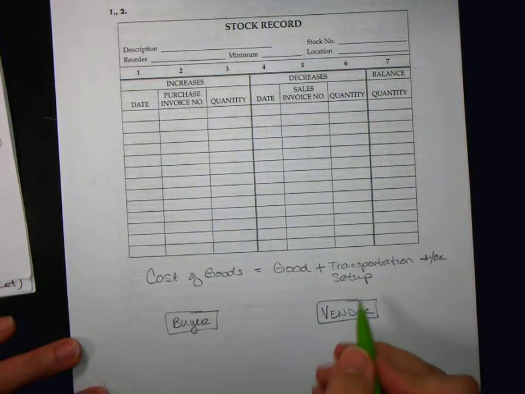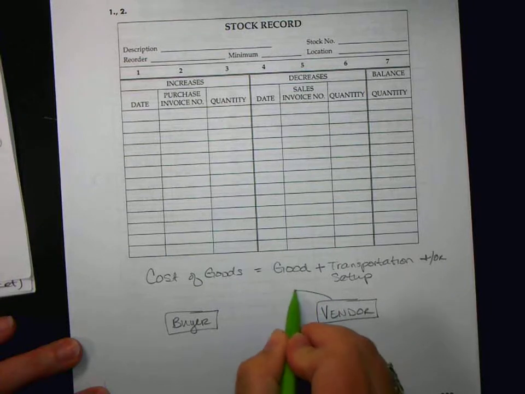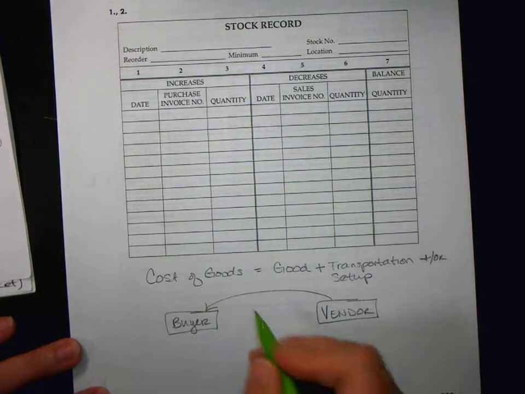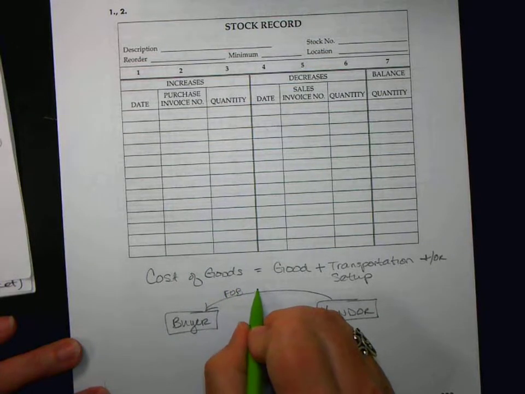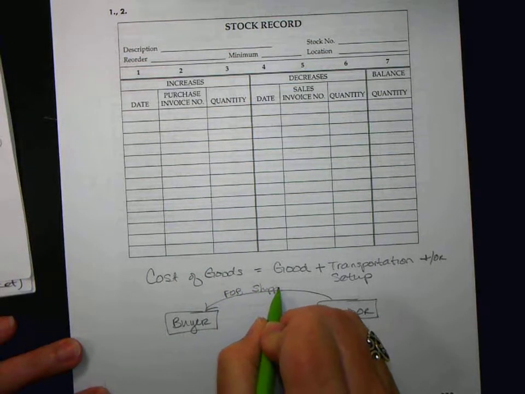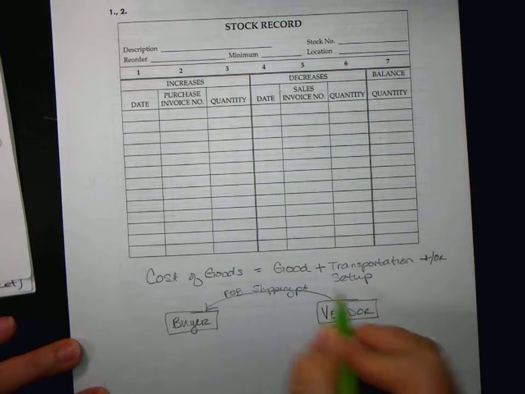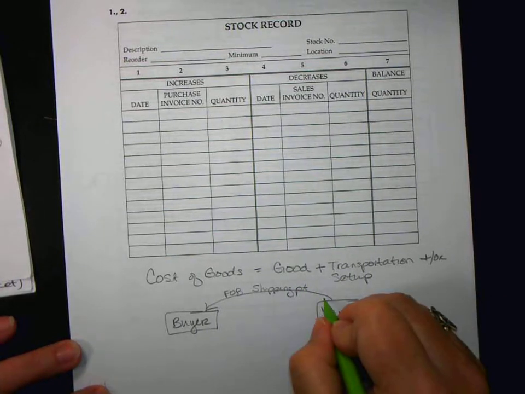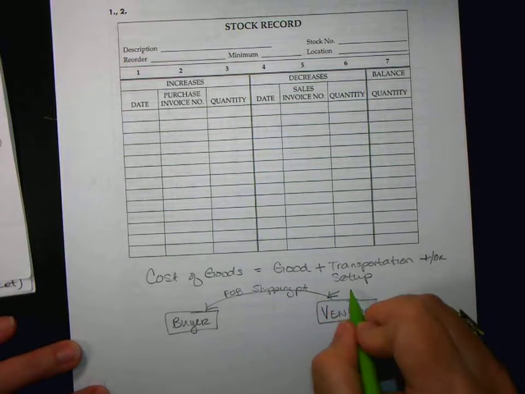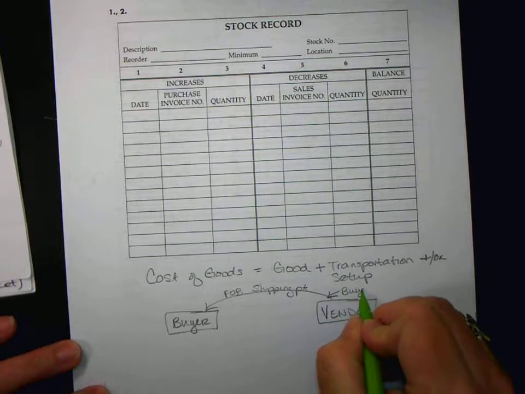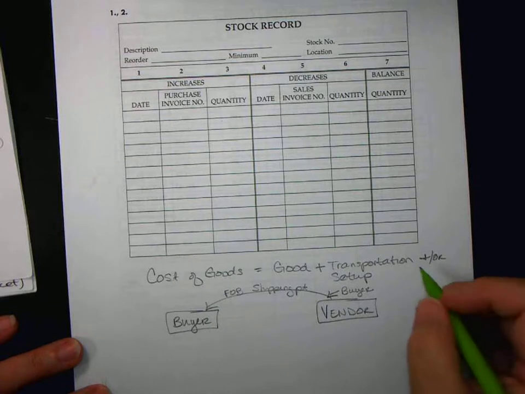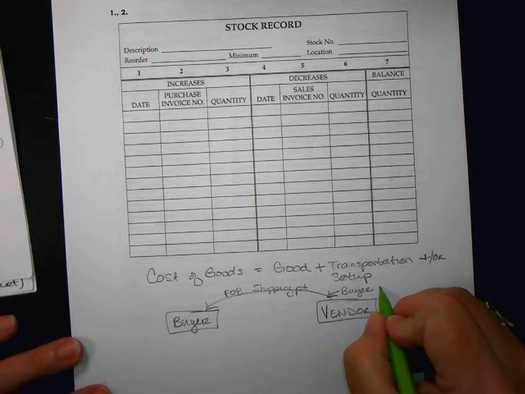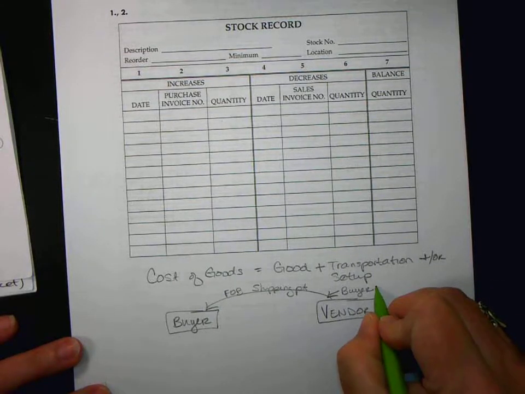Okay, and if our agreement is FOB shipping point, that means that at this point right here, the buyer takes possession. Okay, this is now in the buyer's inventory.